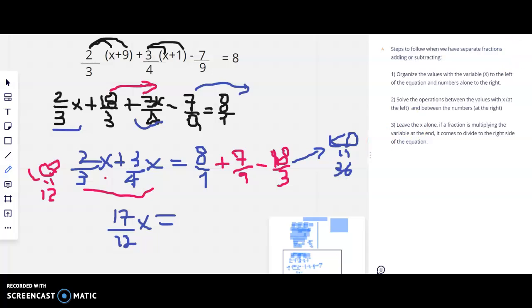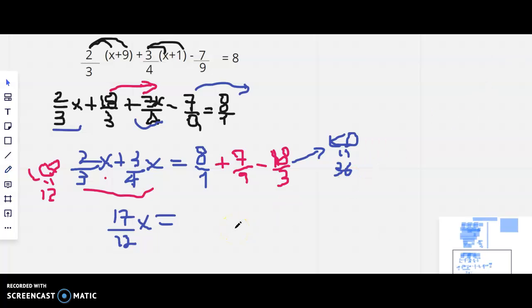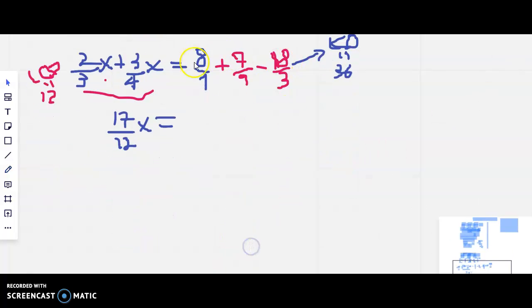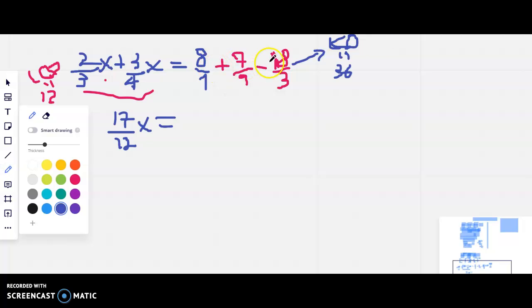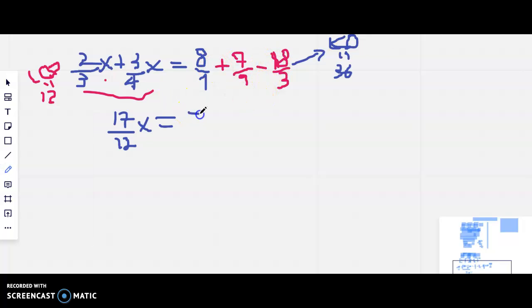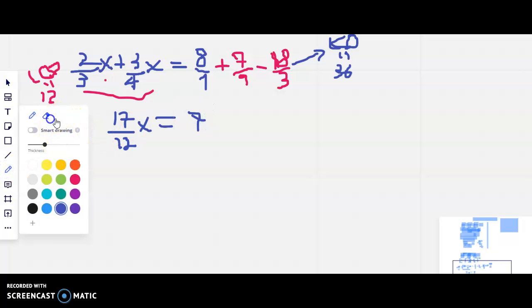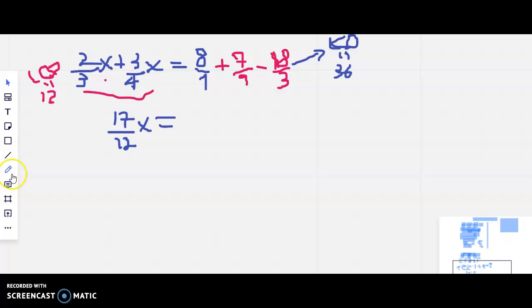Now, we have to solve this operation and we will get the following fraction. Once we do this operation, we will get 73 over 36.